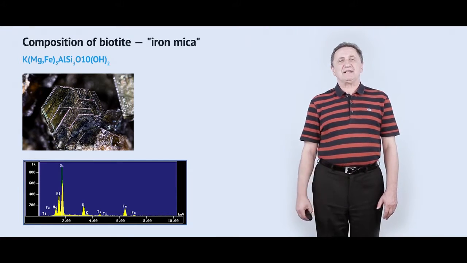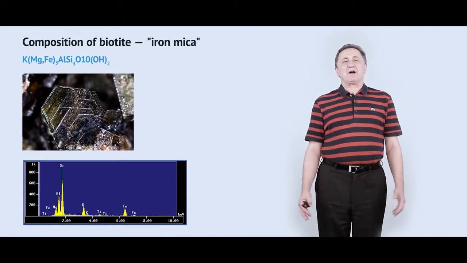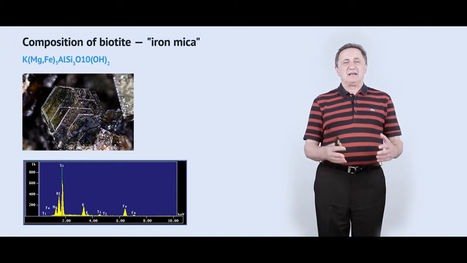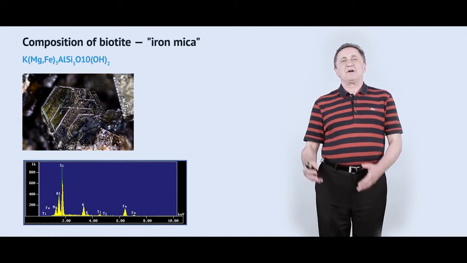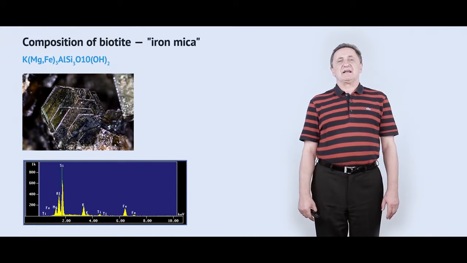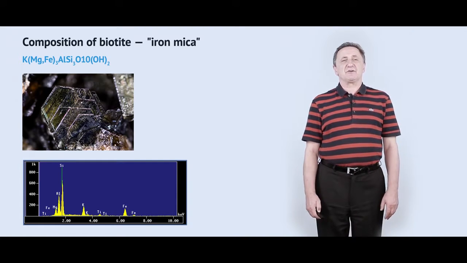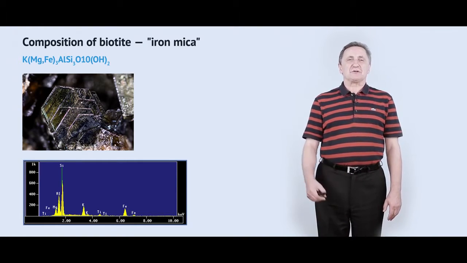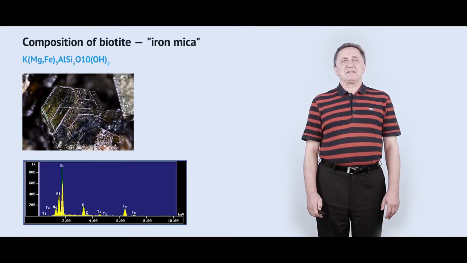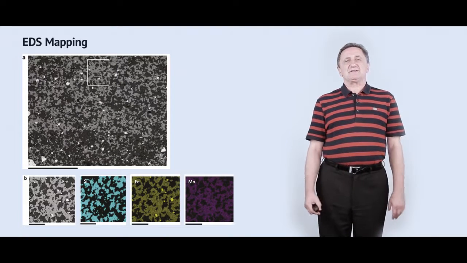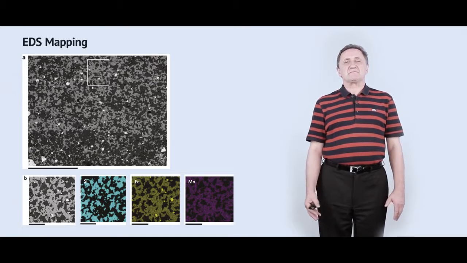From this standpoint, again, it is very useful to combine methods, for example X-ray diffraction with EDS scanning electron microscopy, in order to easily recognize the phase distribution of the investigated materials. Indeed, in this case you can get the so-called EDS mapping.